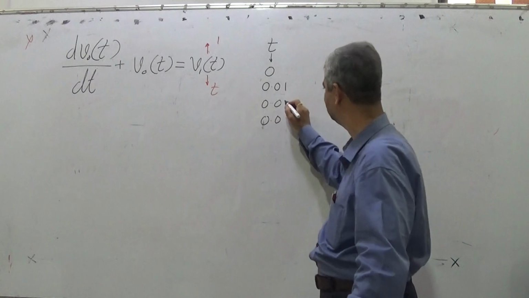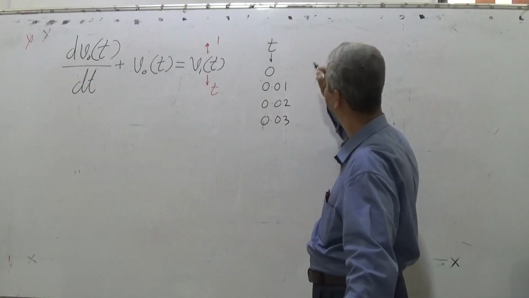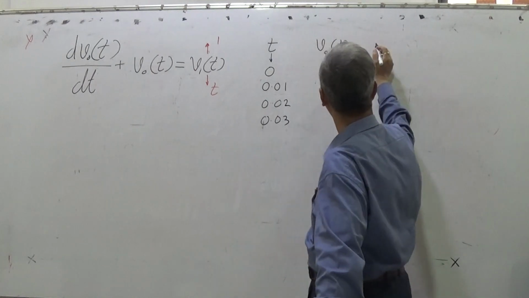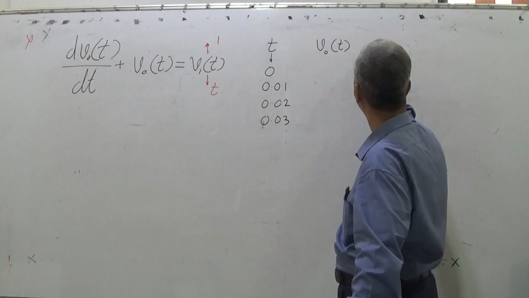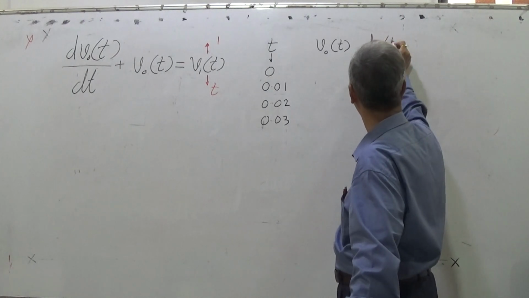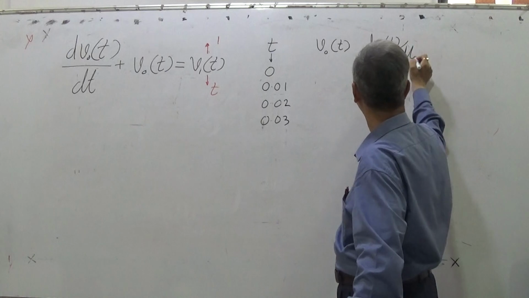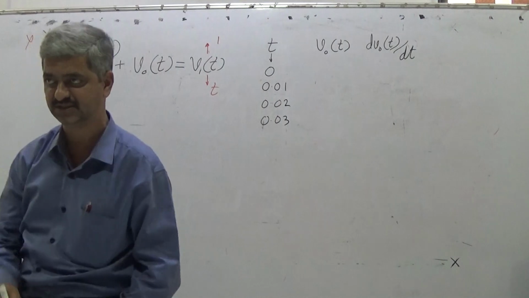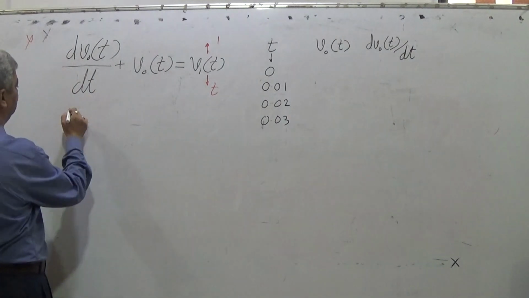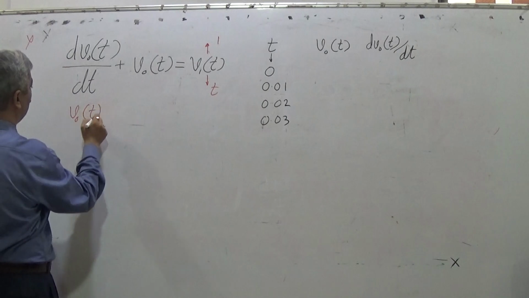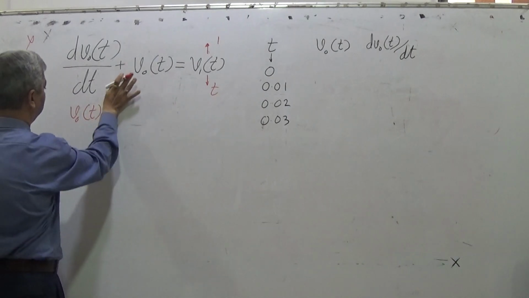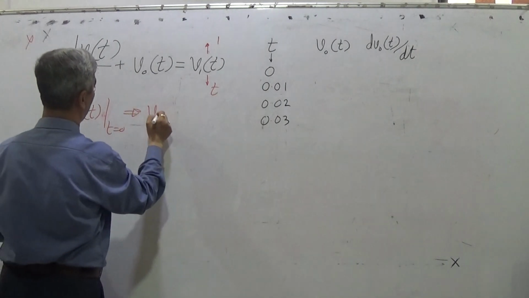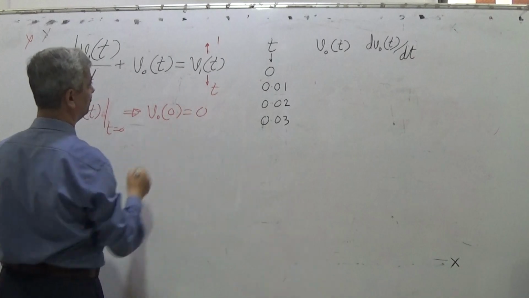So take 0.01, 0.02, 0.03, then VOT, and then you can mark dVOT by dt. What is given? One very important aspect which is given is VOT at t equal to 0, which we say as VO 0, is given to us.